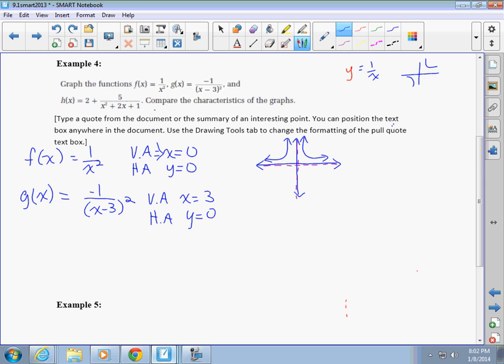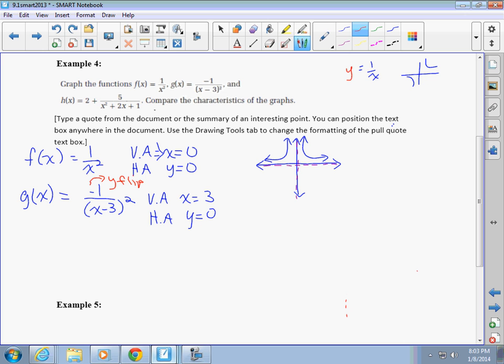This negative in front means a is negative, and remember a affects the y, so the y is going to flip. Normally when it's squared, all my y's would be positive, but because of that negative, it's going to flip into the bottom. So my y's are going to be all negative values.